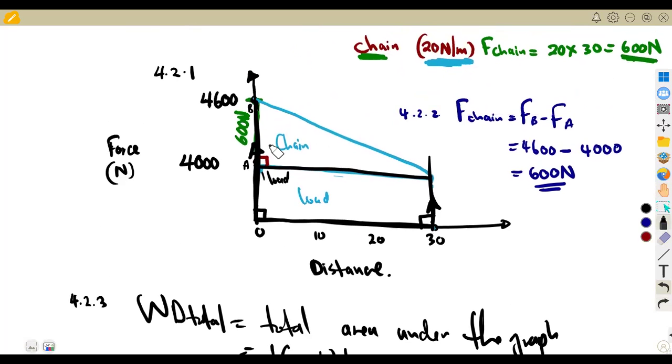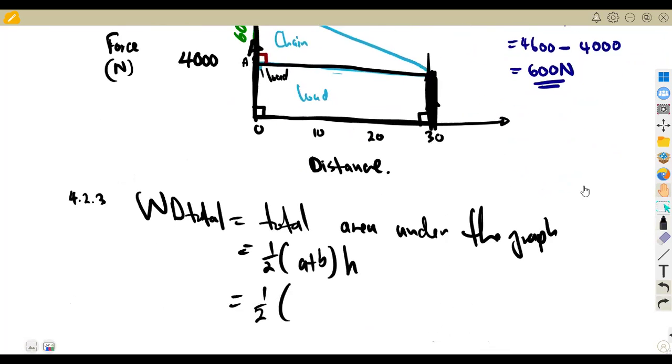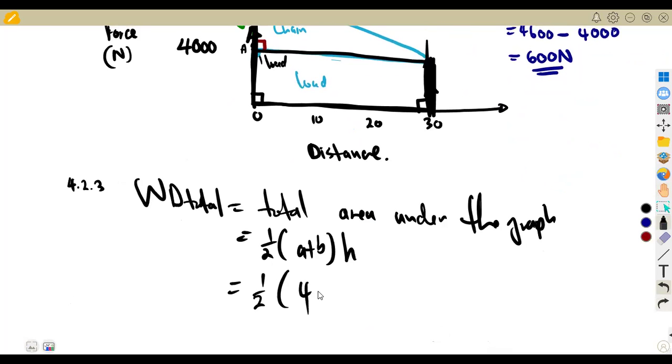The length of this side is 4,600, and this one is 4,000. So it's half of 4,600 plus 4,000, times the perpendicular height, which is the distance there from 0 to 30.